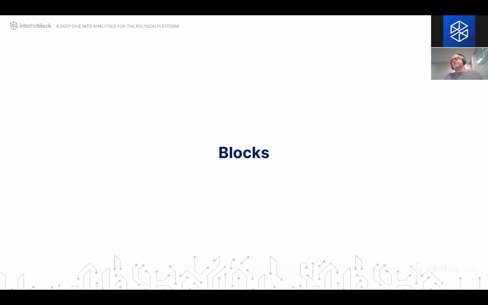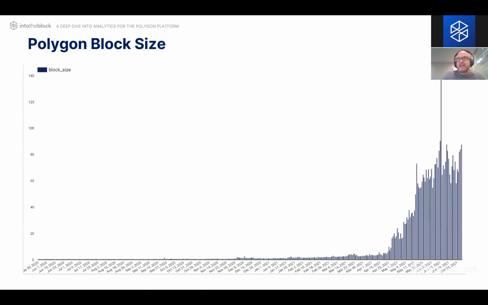Another set of metrics that I would like to show you relates to block production time. Obviously, Polygon is very fast and it produces blocks very quickly. But the size of blocks has also been increasing quite a bit, accompanied by the number of transactions being processed by the Polygon blockchain every day.